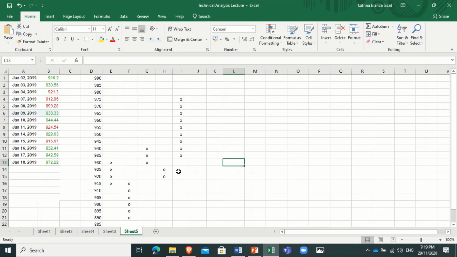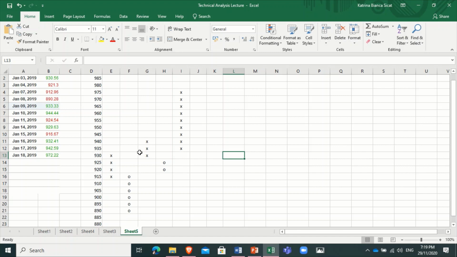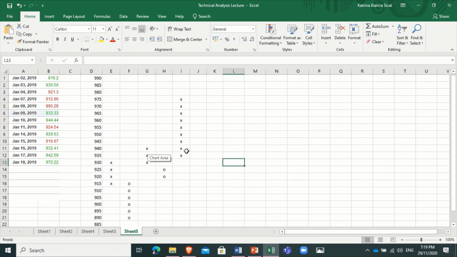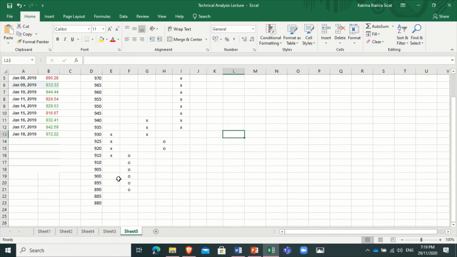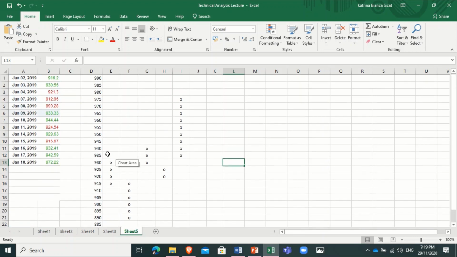Ang pinagkaiba lang niya sa ibang charts is that it discounts the day-to-day plotting. So dito, regardless of the time, ang pinag-uusapan lang natin is the change in the prices. Kunwari ito, nagkaroon ng price changes from January 2 to January 3.